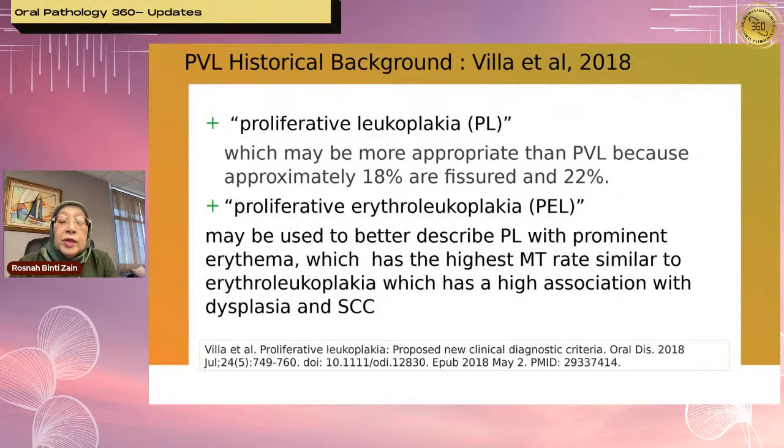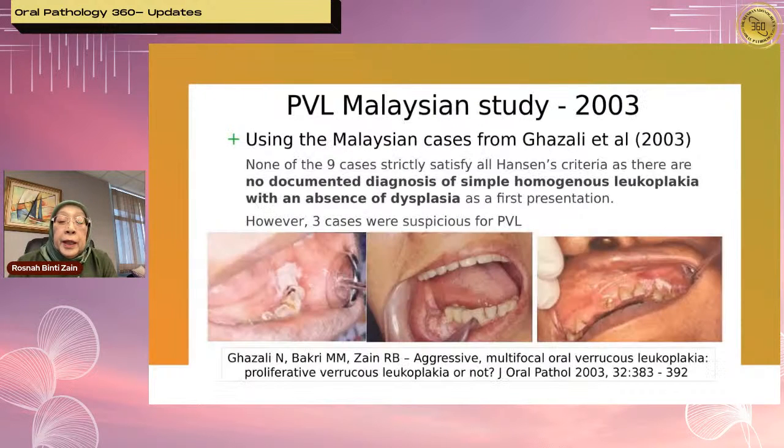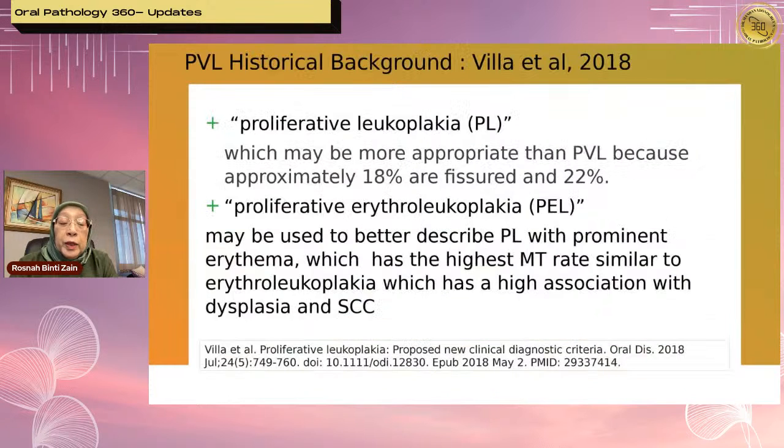So there is this suggestion to not use proliferative verrucous leukoplakia, but to better describe proliferative leukoplakia with prominent erythema, which has the highest malignant transformation rate similar to erythroleukoplakia, and a high association with dysplasia and SCC. But I think for now, proliferative verrucous leukoplakia is still widely used.